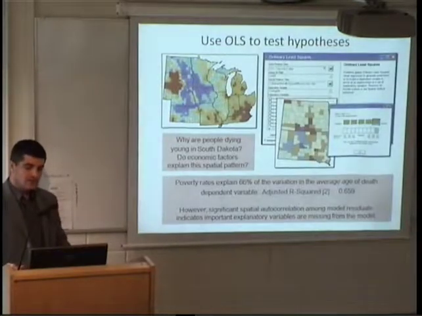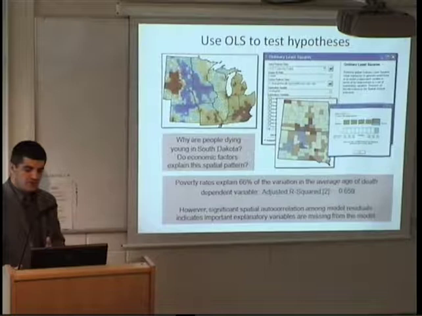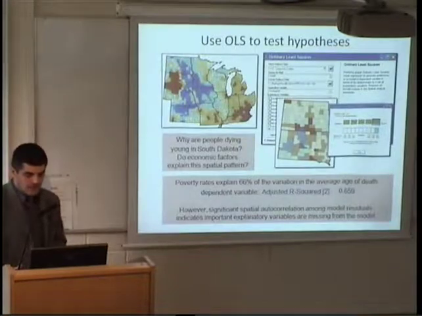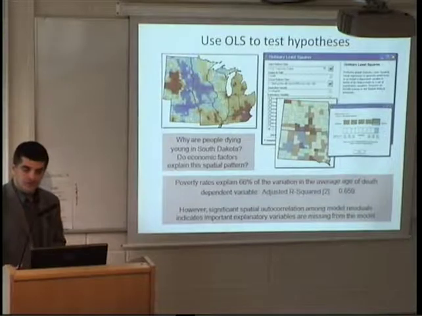Running the regression analysis in ArcGIS, we get information, particularly that the adjusted R-square value is about 66%, which is not bad if we take into account that we have just one explanatory variable. However, significant spatial autocorrelation among model residuals indicates important explanatory variables are missing from the model.